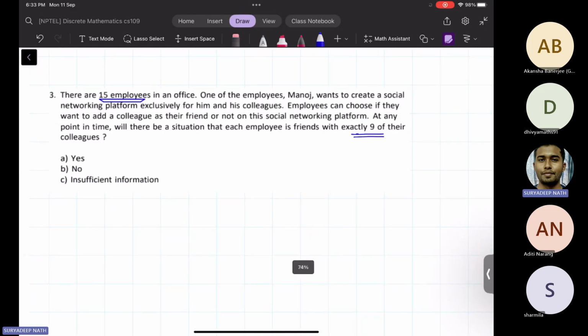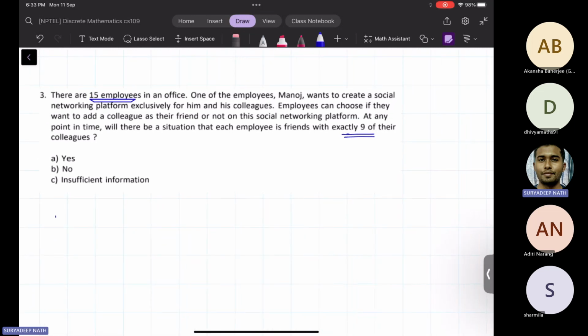So for this question, recall the handshaking lemma. What does the handshaking lemma tell you? Anyone?